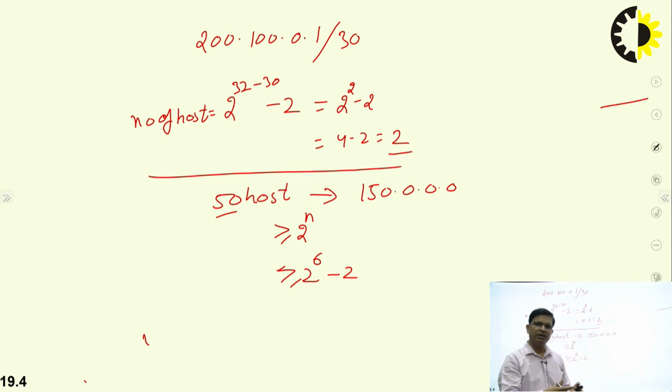In the next 4 or 5 years, IPv4 addresses may run short because the number of hosts is increasing every day. That's why IPv6 came into existence. IPv6 is 128 bit.